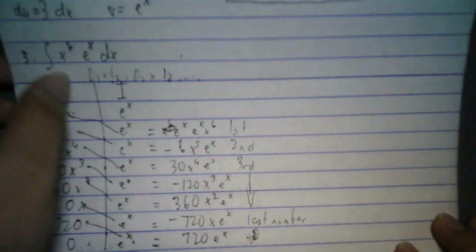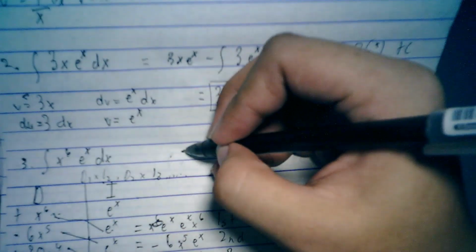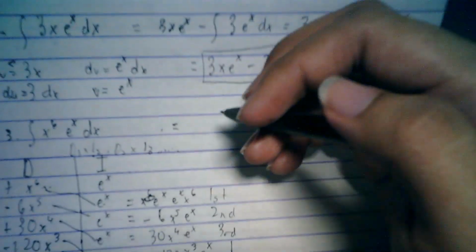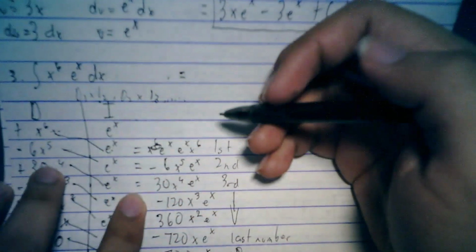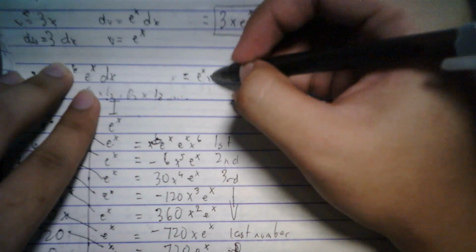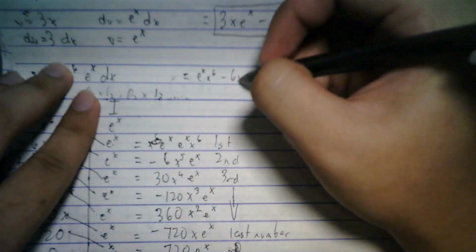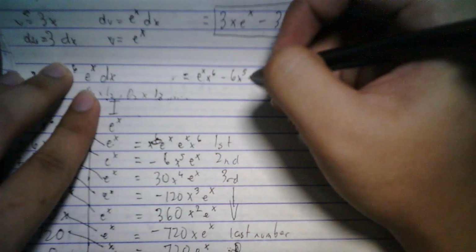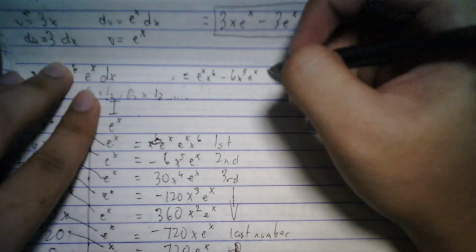Now we do that here. First is x^6 e^x minus 6x^5 e^x plus.